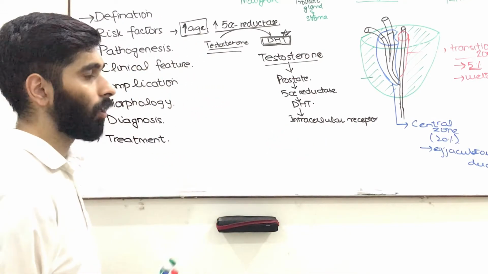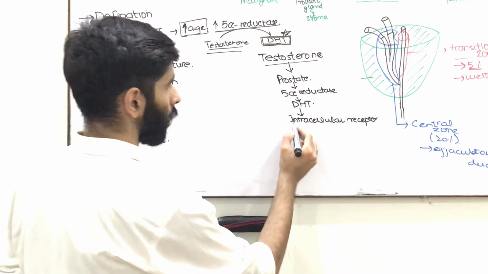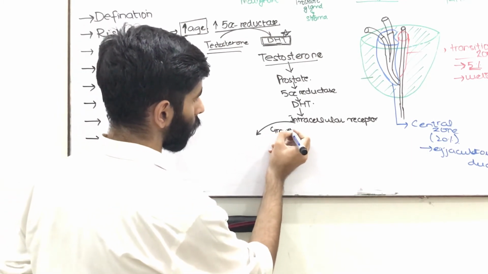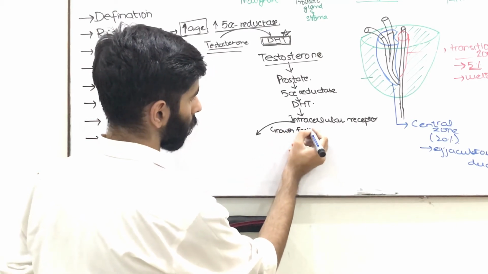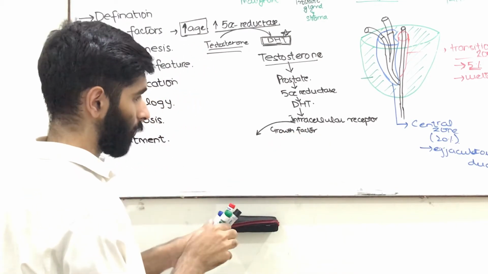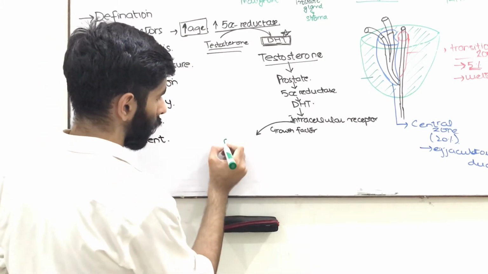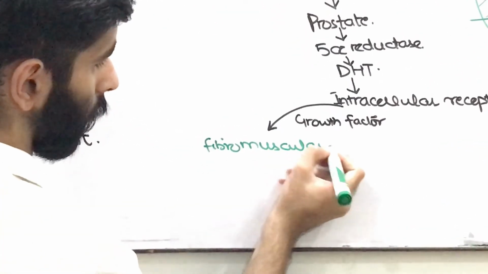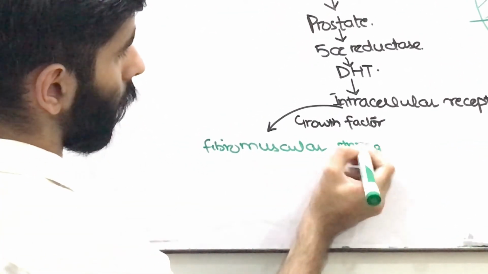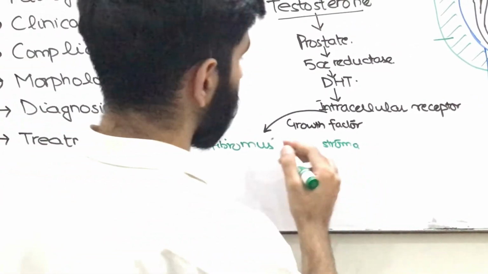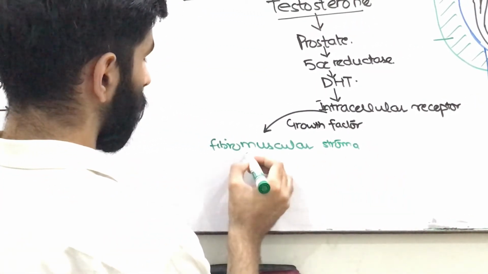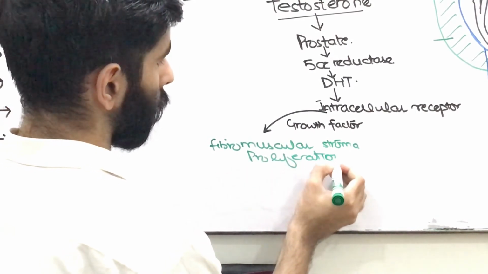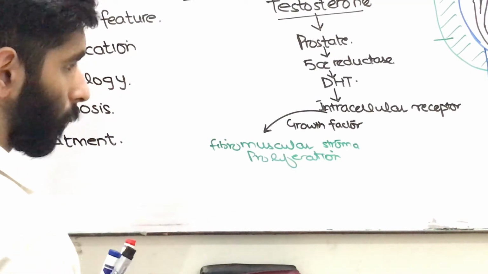Now, after binding with the intracellular receptors, what does it do? Number one, it stimulates the release of various growth factors that act on the fibromuscular stroma of the prostate gland and increase its proliferation.